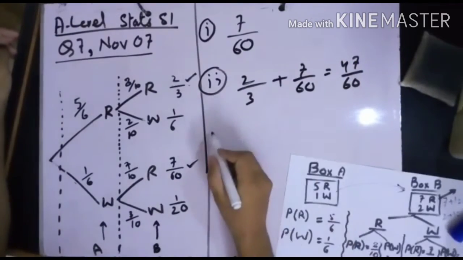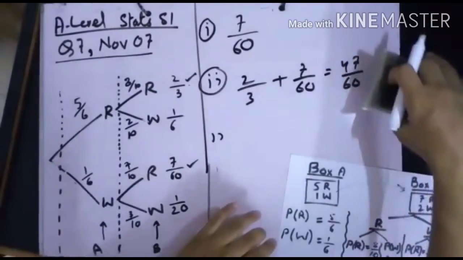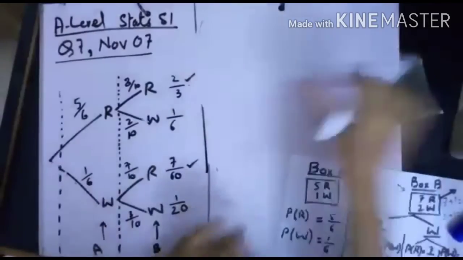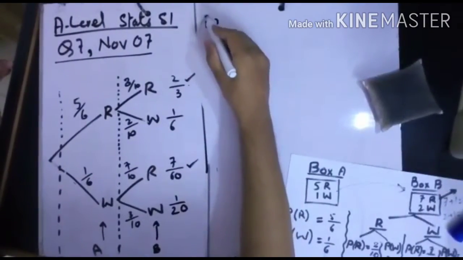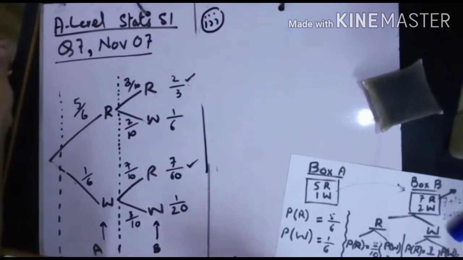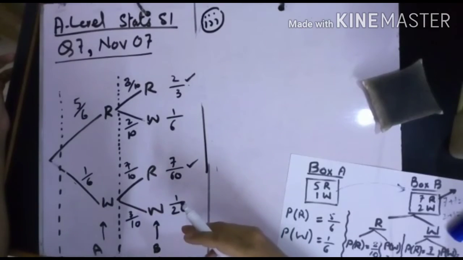The third part. For the third part, what is written? Given that, find the probability that the paper clip taken from box A was red.